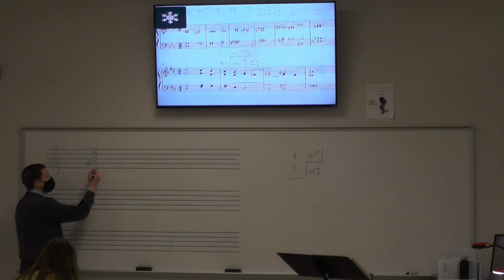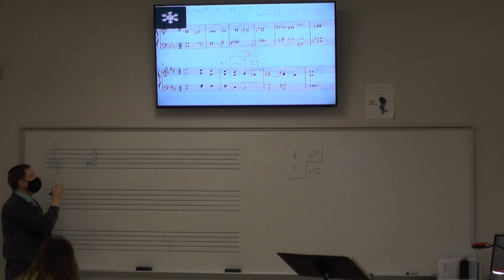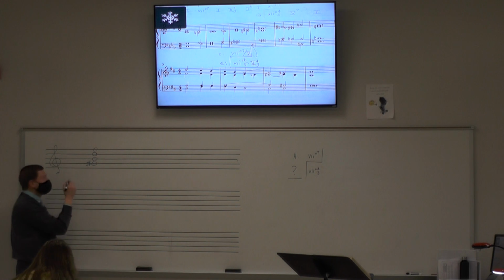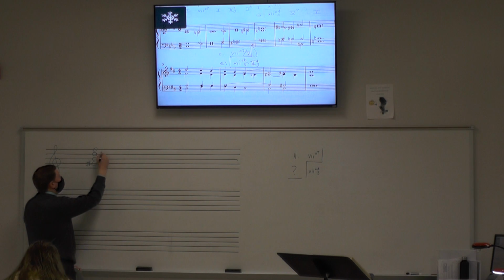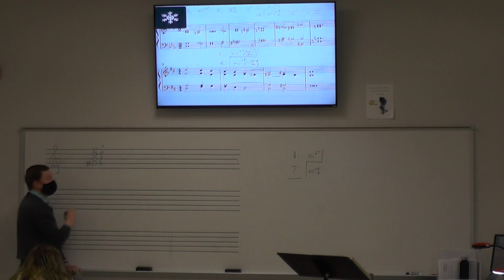But I want to point out that because it's a symmetrical chord, the members of the chord are cyclical. They kind of rotate on a cycle. I'll see if I can show you what I mean. For instance, in this spelling, this is the root, this is the third, D is the fifth, and F is the seventh.